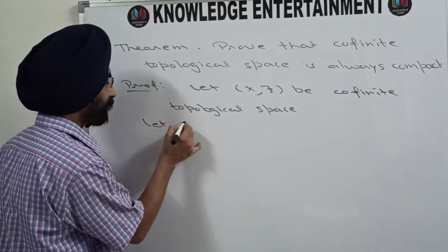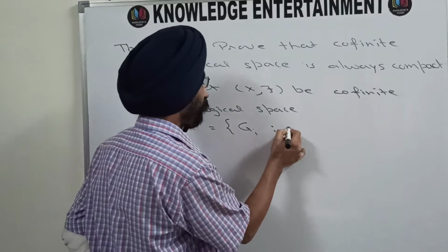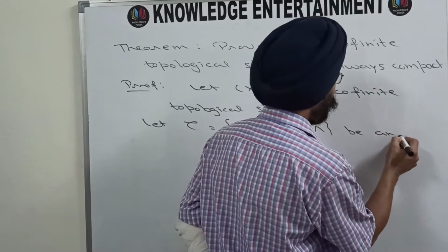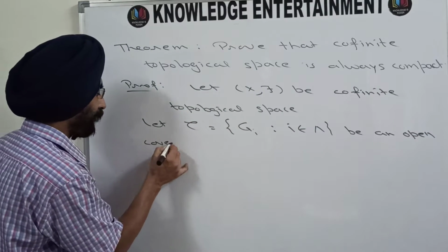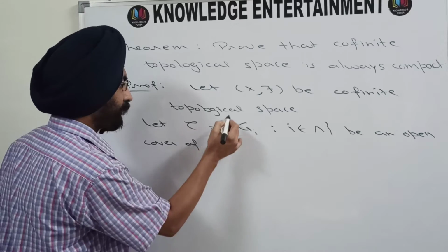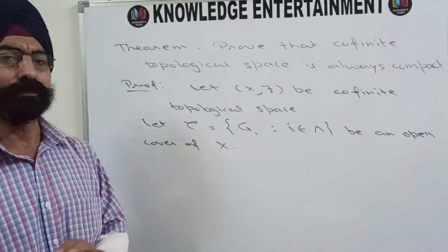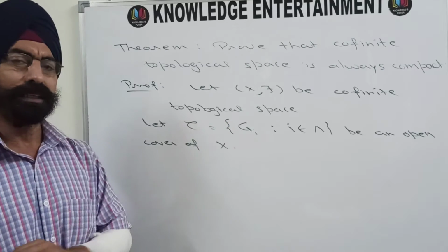So let C containing G_i, where i belonging to a particular family lambda, be an open cover of this space X. Now take one particular member of this cover.